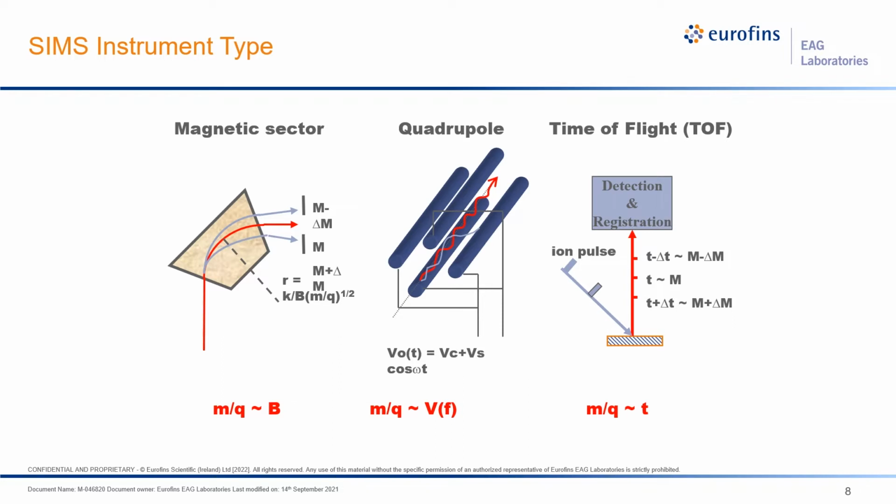Time of flight, on the other hand, uses the velocity or time of flight from the sample into the detector to differentiate between masses and filter them out. All three can be used for many different types of SIMS modes.